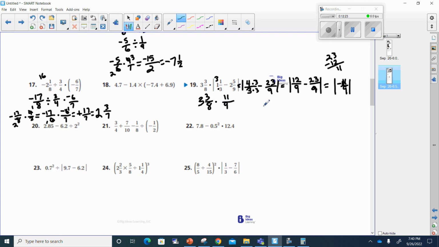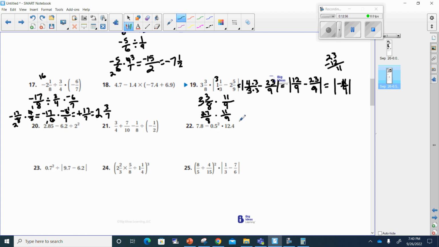All right. Now that I have that, let's see here. Yep, I'm going to have to go ahead and turn this into an improper fraction. 8 times 3 is 24. 24 plus 3 is 27. Is really 27 over 8 times 11 over 9. Let's see.